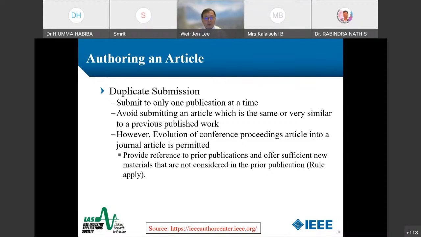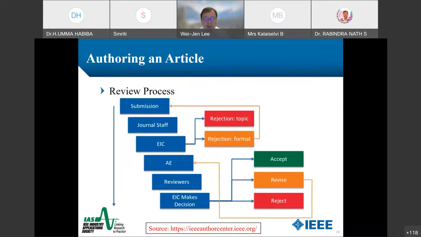It's very important to provide references to prior publications and offer sufficient new material, because when they check, you have already disclosed that some information is in the prior publication, so this will not be considered plagiarism.